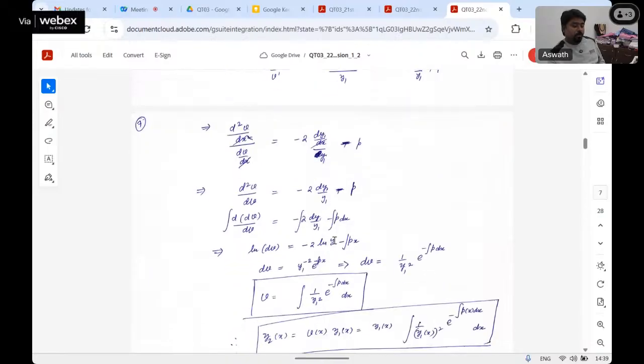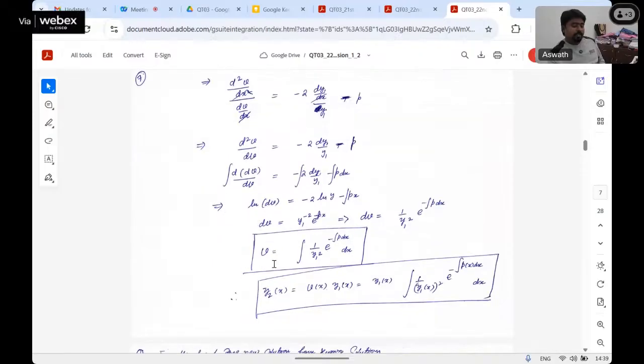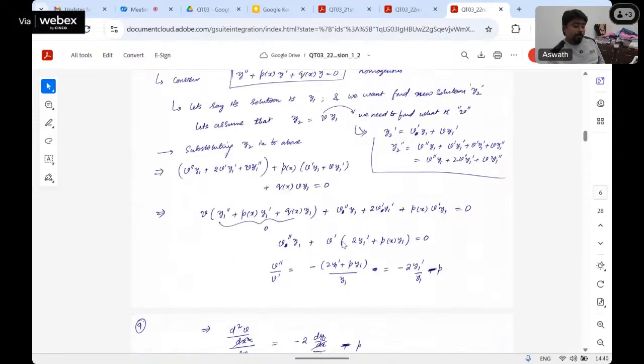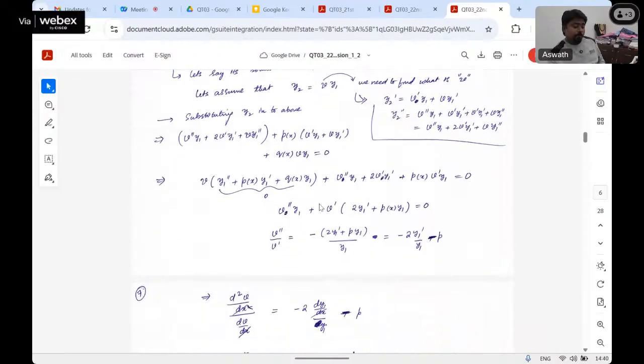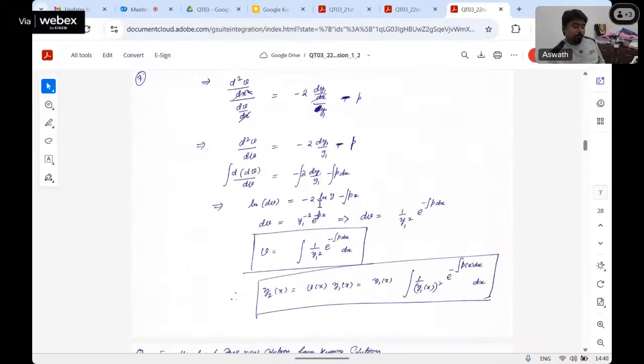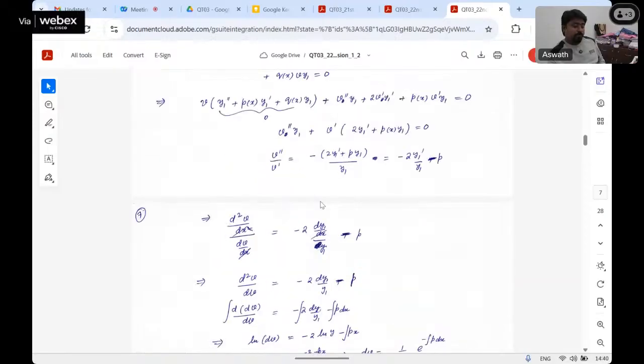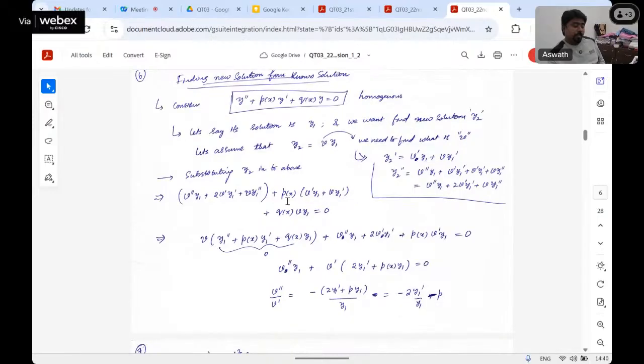interestingly, what you see is v is going to be integration of 1 by y1 square, the known solution, times exponential of minus integration of p dx, into dx. By the way, what is p?